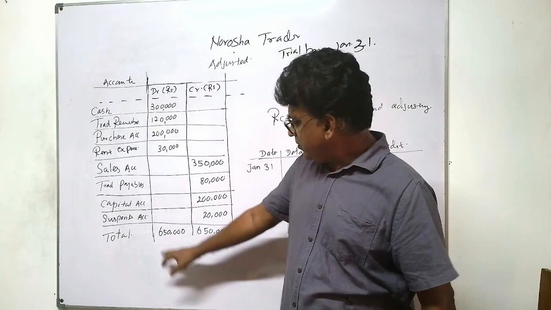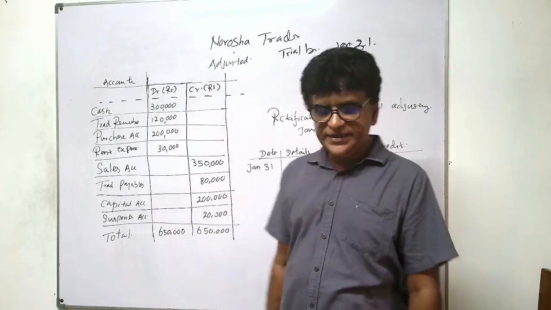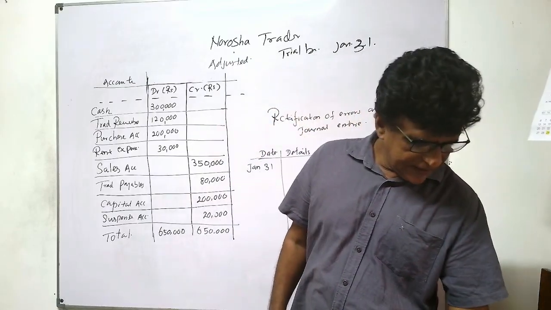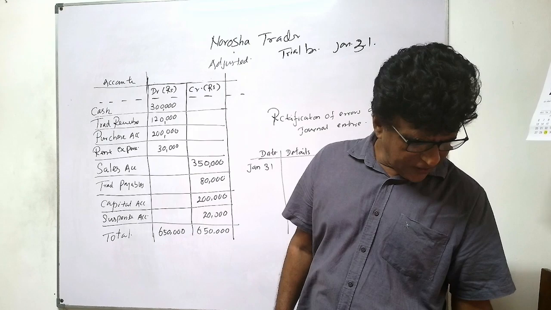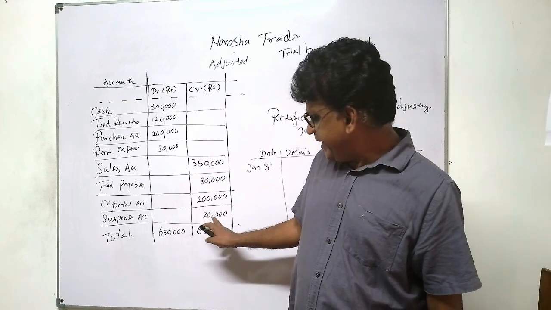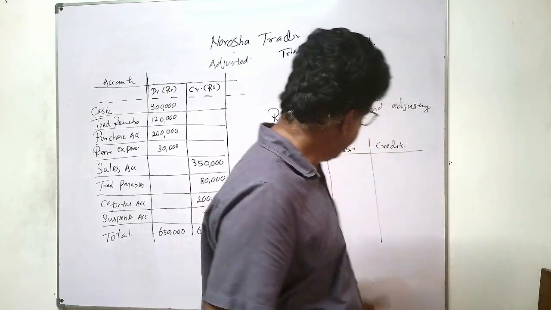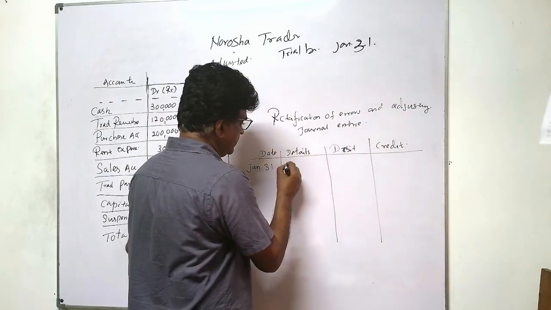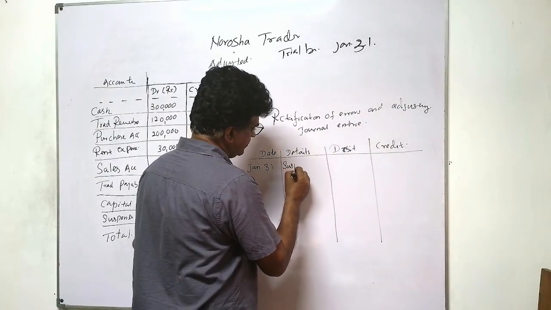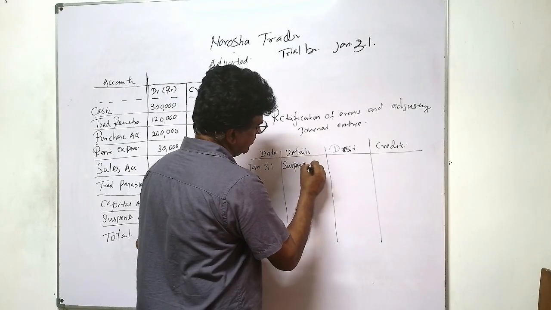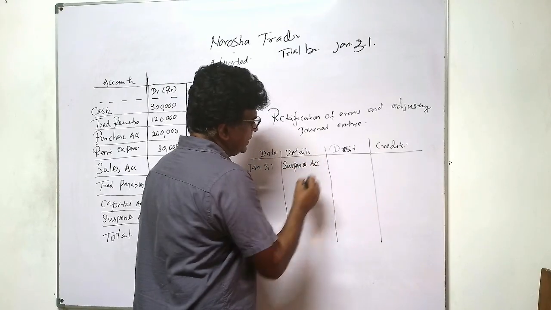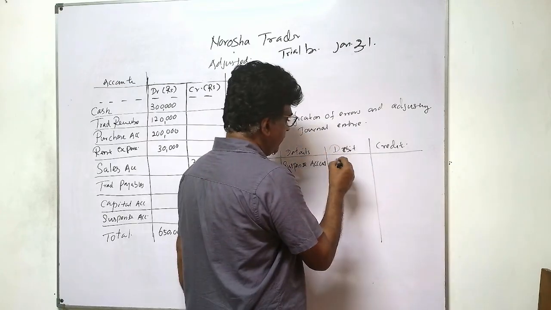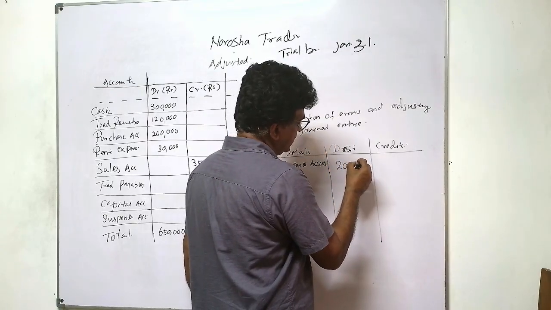Now we have credited the suspense account by 20,000. This credited account, we have to debit it here. Right? January 31st, suspense account. We are debiting the suspense account by 20,000.